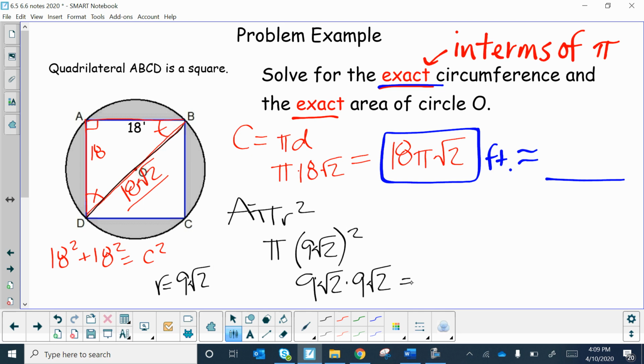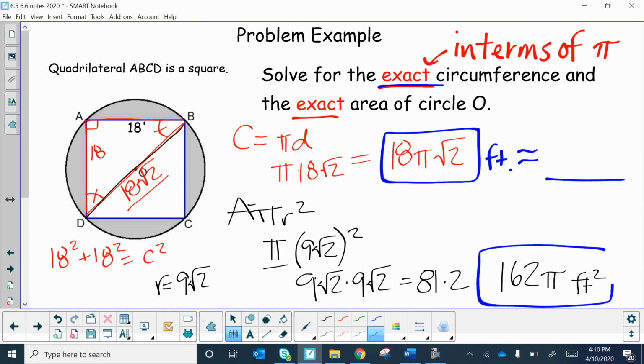Which 9 times 9 is 81. Radical 2 times radical 2 is just 2. And so 2 times 81 is 162. And then don't forget you have pi out in front. So 162 pi, and this is square feet, is our answer for the area, the exact answer that is, for the area of that full circle.